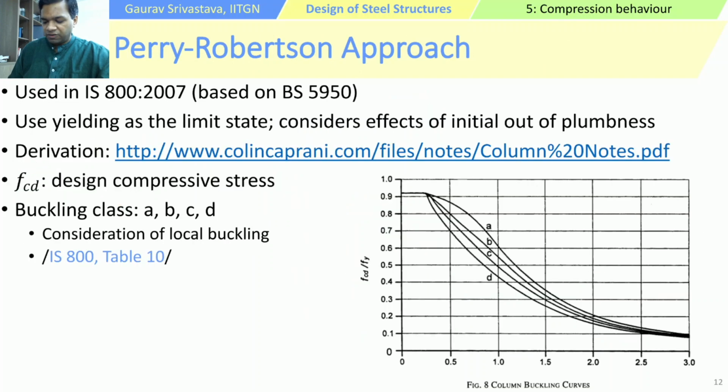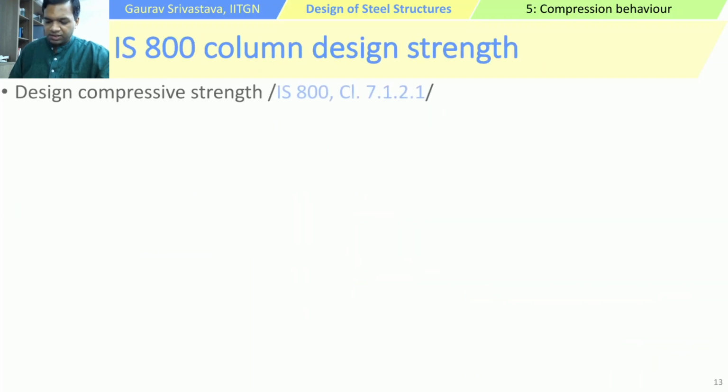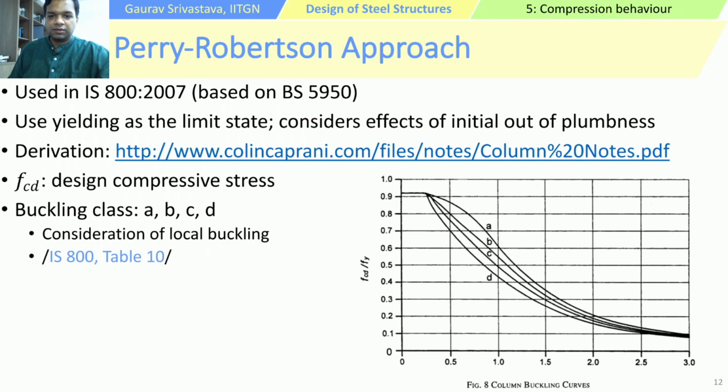Now, the current version of the code considers a different approach, which is the so-called Perry-Robertson approach. This Perry-Robertson approach actually considers the effects of initial imperfection in the formulation directly. Okay, and it uses yielding as the limit state.